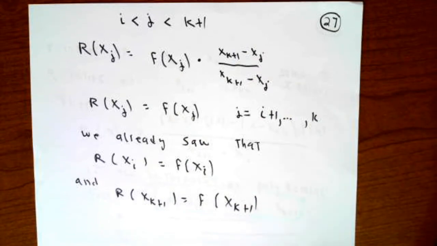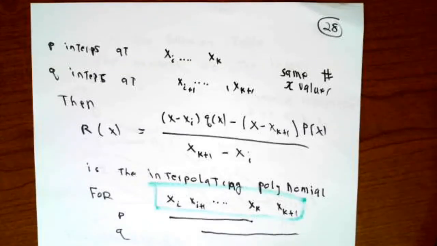So not only does this R function produce the correct function value at x_i and at x_{k+1}, at any index between those two indexes the function value is going to be correctly reproduced by the R function.